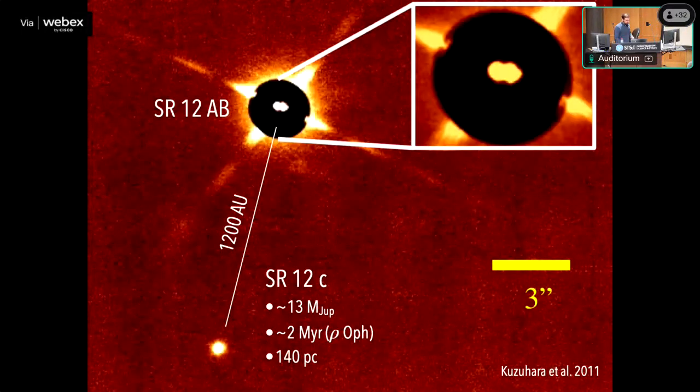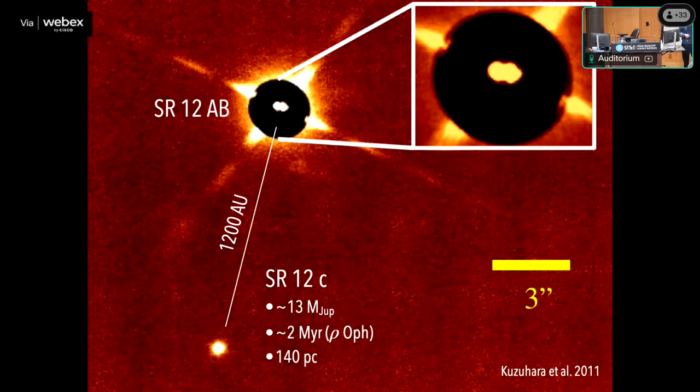OK. So as an example of one of these circumplanetary disks, I want to highlight one system, SR12C. This is one of these nice case studies. So this is at a relatively wide 9 arc seconds from its host star.